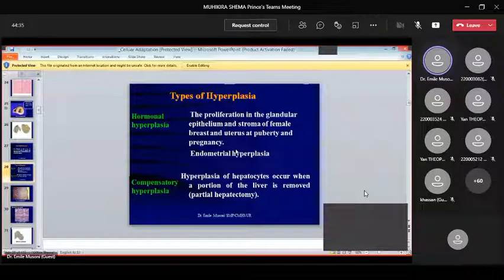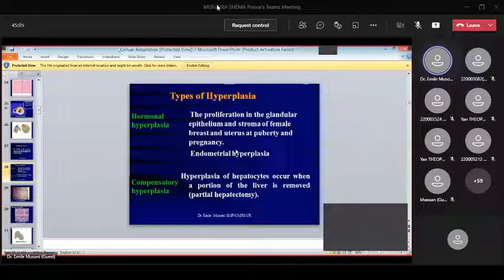This is proliferation of endometrial glands. The other one is the stroma of the female uterus at puberty and pregnancy, meaning that in the case of puberty, there will be endometrial gland proliferation.